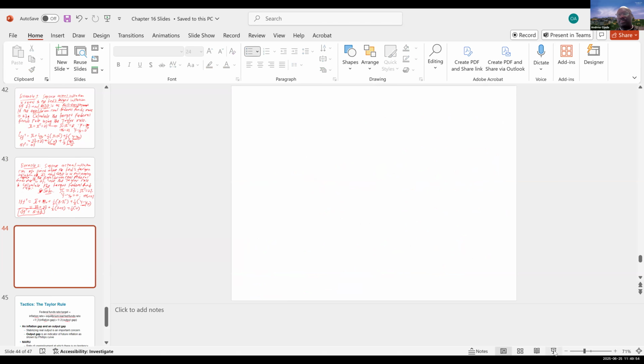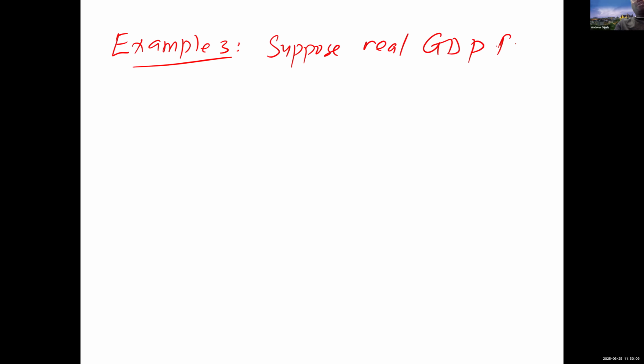Okay, one last example on the Taylor rule. So example 3. We're going to say, suppose real GDP falls 1 percentage point below its full employment value.